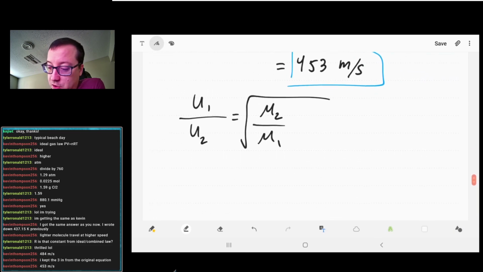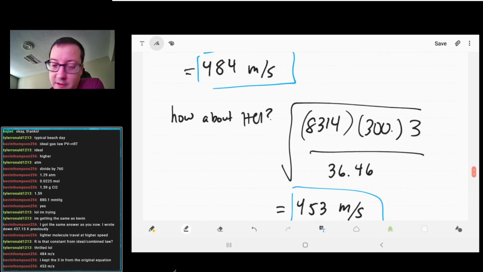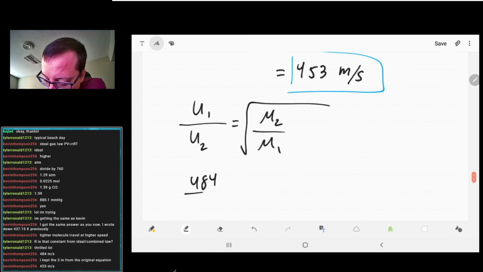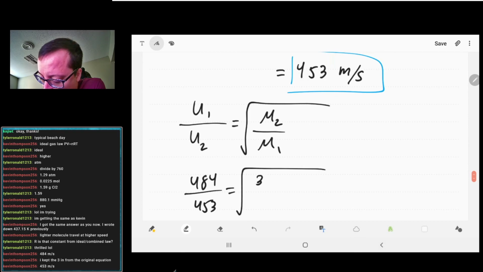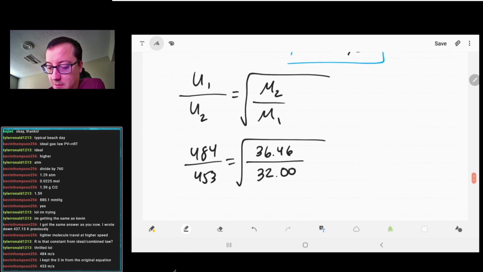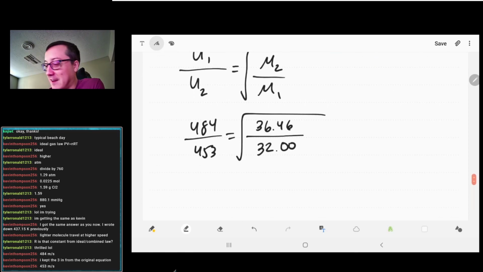So here's our big check. We should see that 484 over 453 should be equal to the radical of 36.46 over 32. Let's see if we're right. This is always exciting because I don't know, when I just make up these problems, if it's going to come out nicely. So this is 1.068.